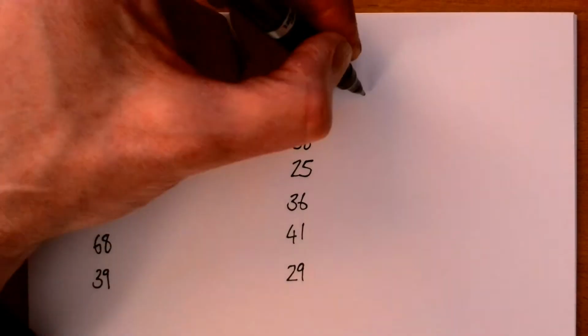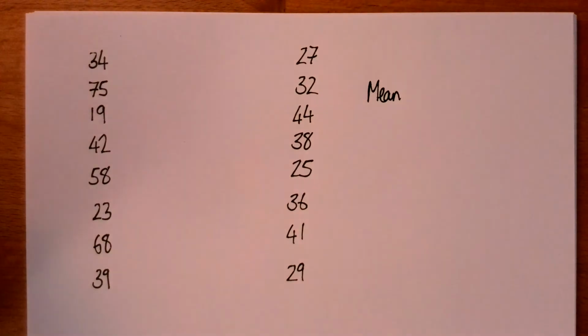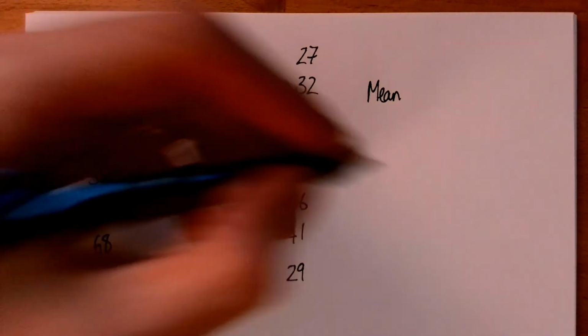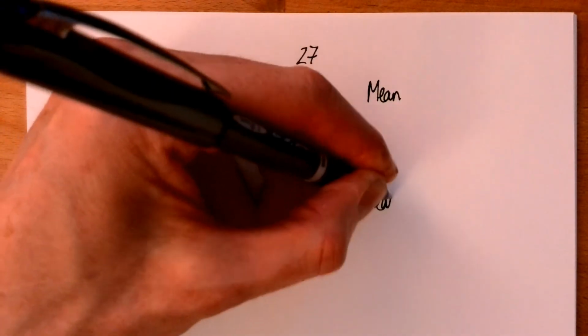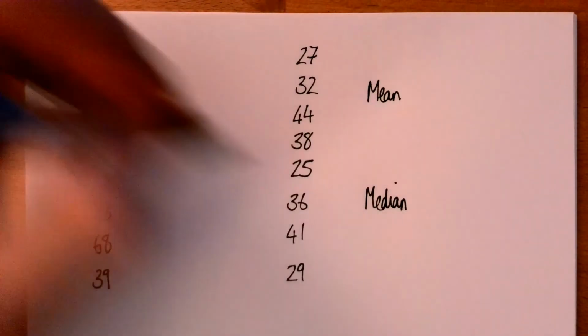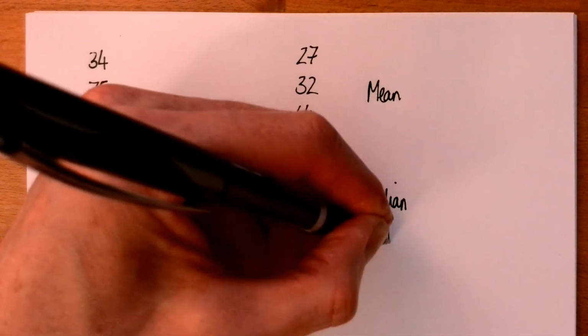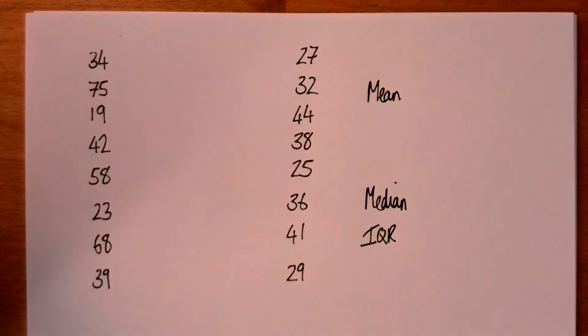One average is the mean, which is where you add it all up and divide by how many values, and then we have the median. Alongside the median we have a way of measuring the spread of the data called the interquartile range, which you may remember is where you take the data, split it into quarters and ignore the top and the bottom quarter, so you look at the spread of the middle half of the data.